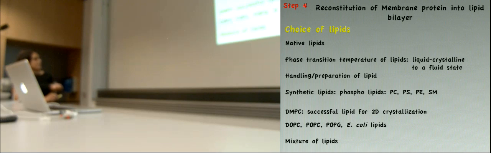But if you cannot get any crystals from DMPC, you can try other lipids like DOPC, POPC, POPG, or E. coli lipids. At the same time, you can try a mixture of lipids. So if you cannot get the native lipid, go with a synthetic lipid, try these common lipids, and if that doesn't work, maybe you can try a mixture of lipids.